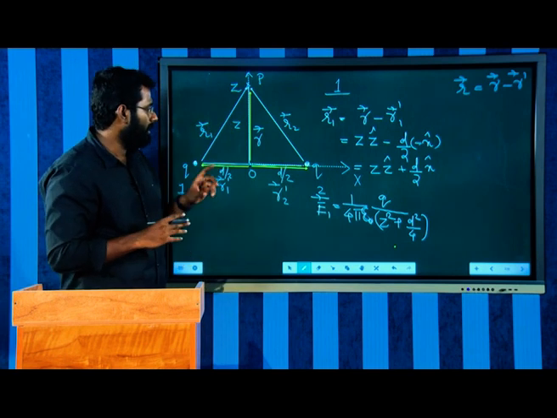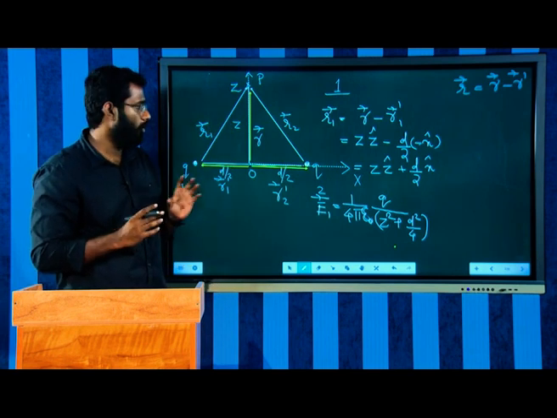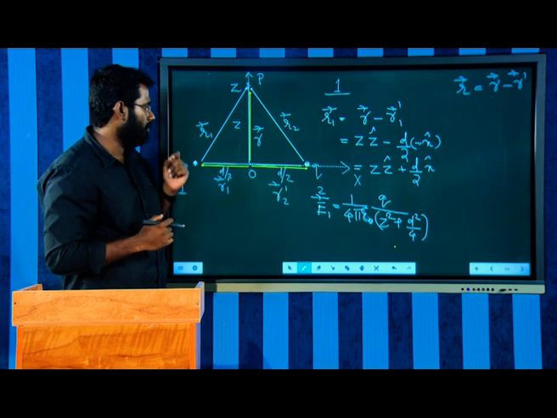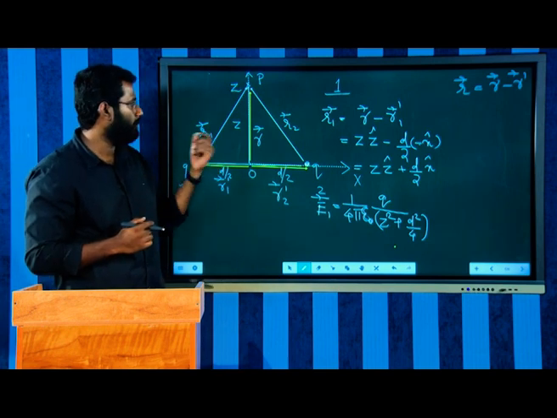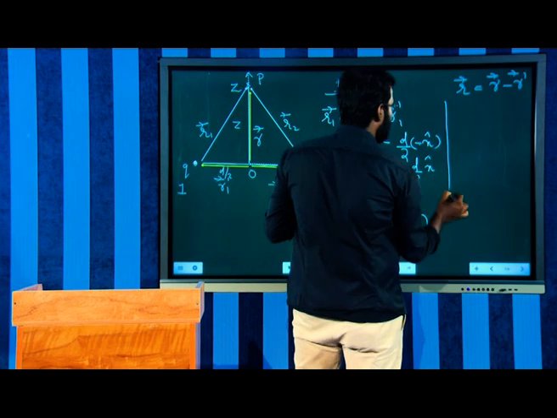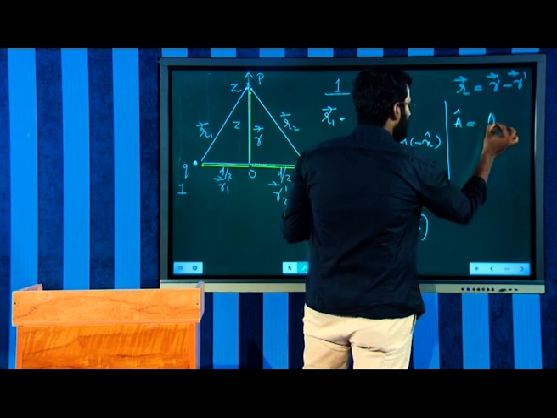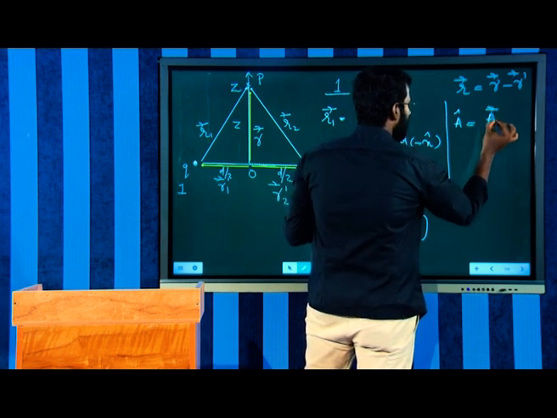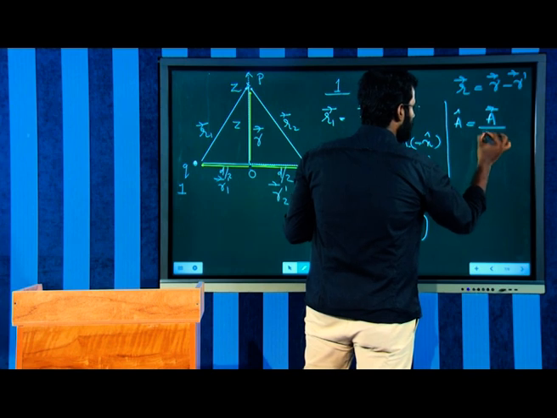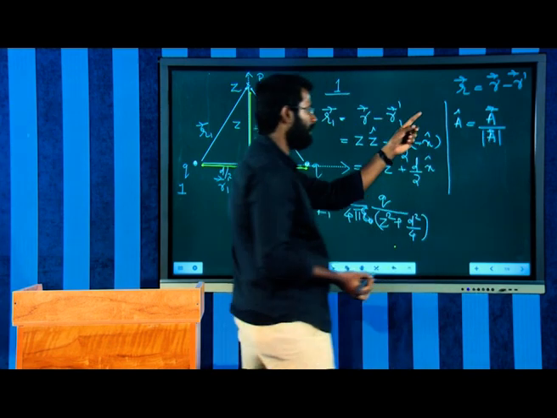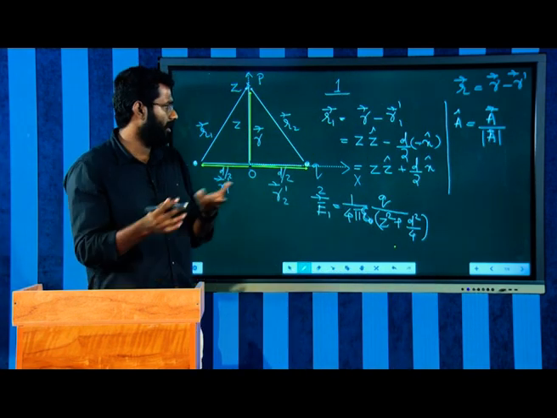Now what we need is the r cap. How will we put that r cap there? You know how to find a unit vector. Suppose we have a vector A. To find the unit vector, you take the vector A divided by the modulus or magnitude of A. Let me use that.